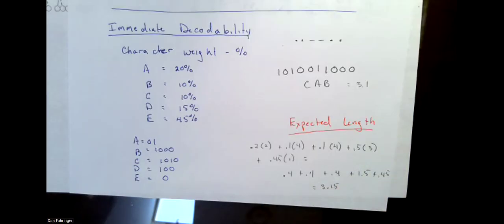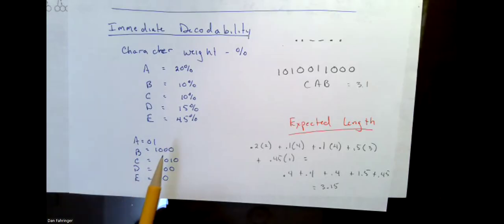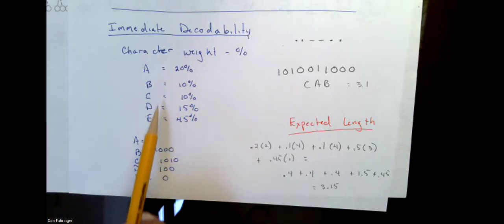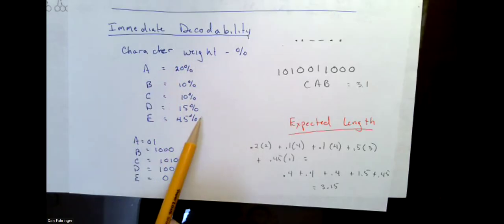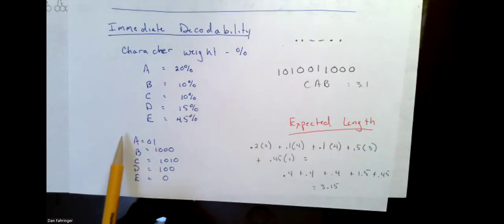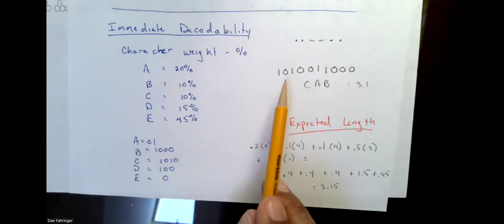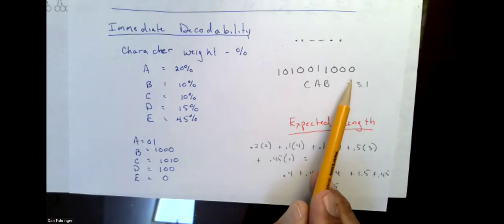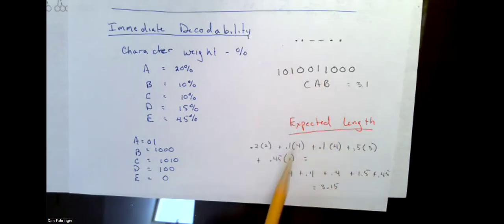Well, that's not too bad. I'd like to get possibly something a little bit lower than that as well. So, the question now is, if I'm given these percentages I went through and counted, I need to create this again so it's immediately decodable. I can get rid of those spaces, and the average expected length is pretty low.